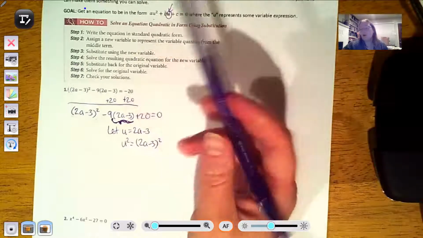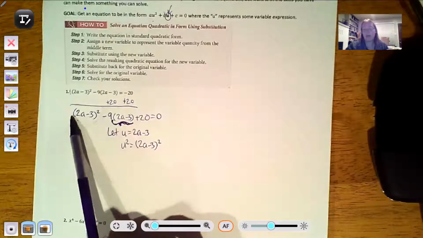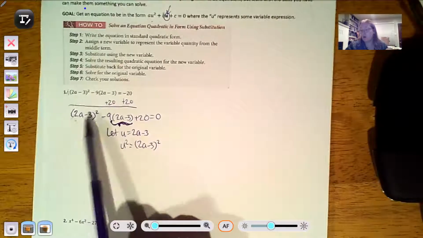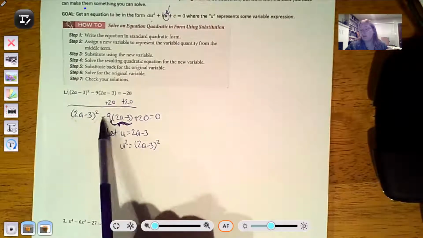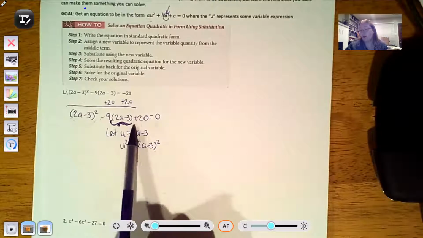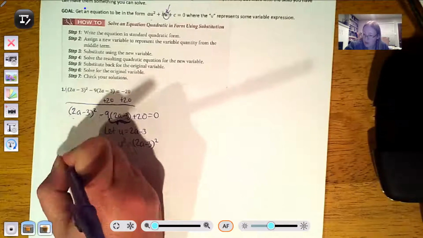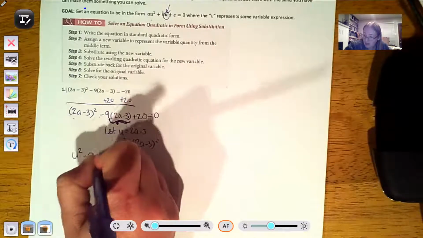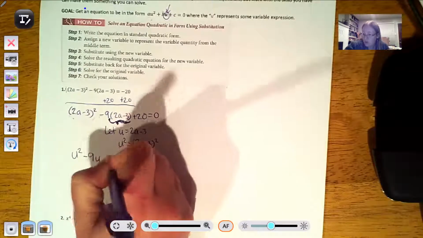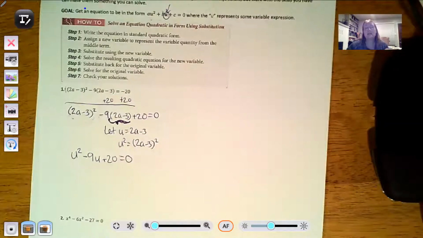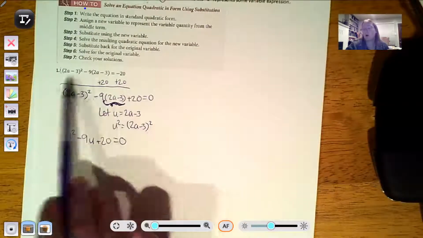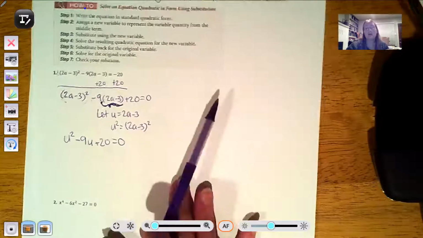All right, so let's see, do we have that? So we have A would be an invisible 1, U squared, so there's the U squared, minus BU plus C equals 0. So I'm going to rewrite this as 1U squared minus 9U plus 20 equals 0. So that's a simplified version of this quadratic using U substitution.